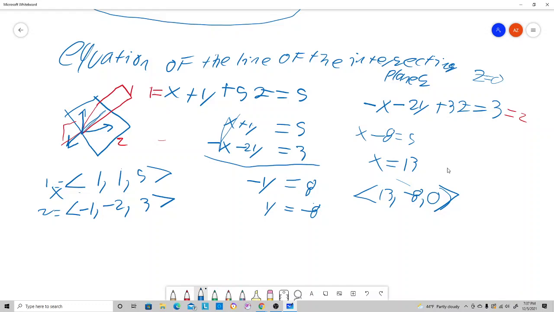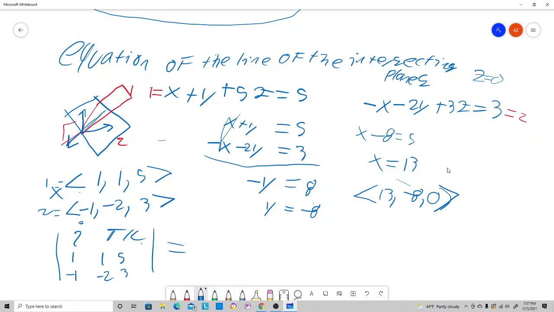Okay, so now that that's out of the way, we can compute the cross product. So 1, 1, 5, and then -1, -2, 3.